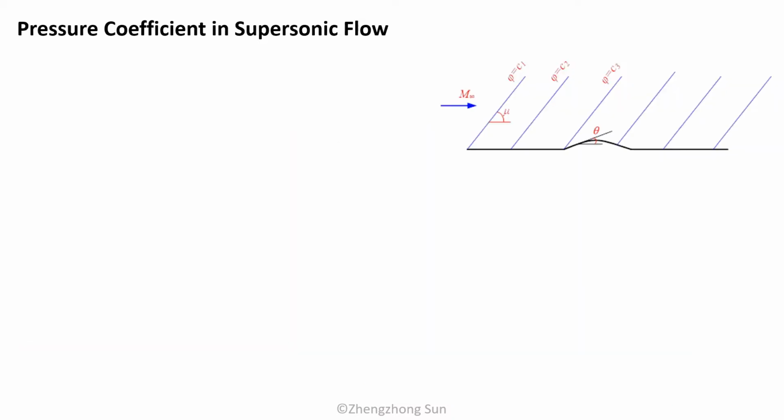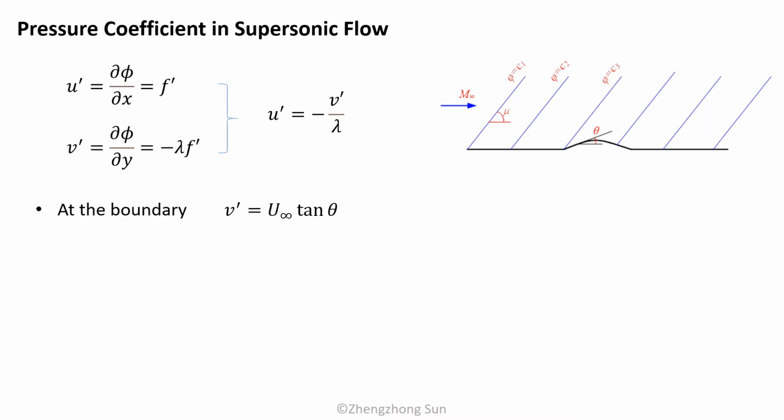Let's move on. Now we are trying to address the question we proposed at the beginning: how to get the pressure coefficient in the supersonic flow by using the information of Mach lines. We know u prime is partial phi partial x, and it's f prime. v prime is partial phi partial y, which is minus lambda f prime. By combining these two, we know u prime equals minus v prime divided by lambda.